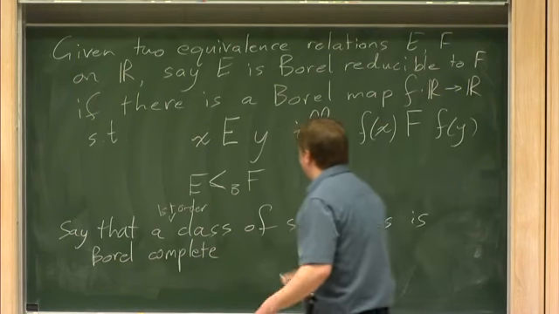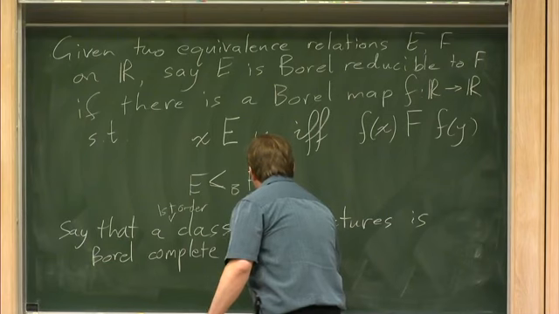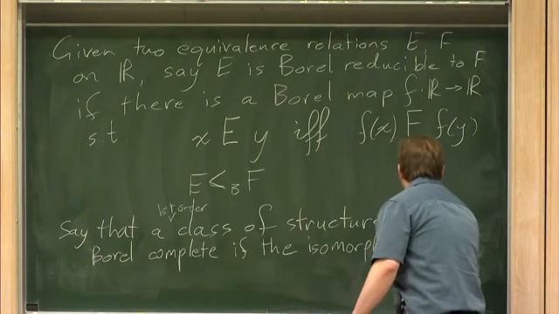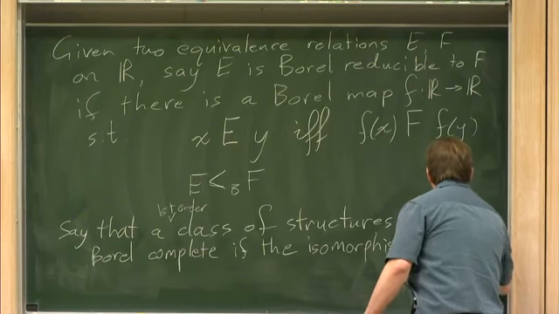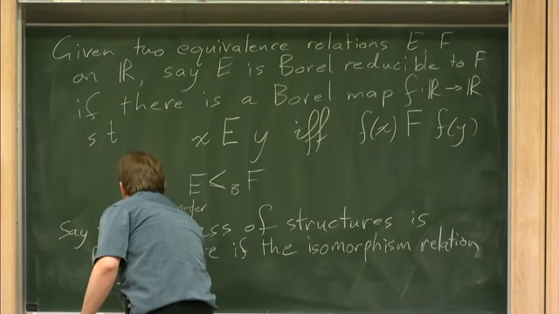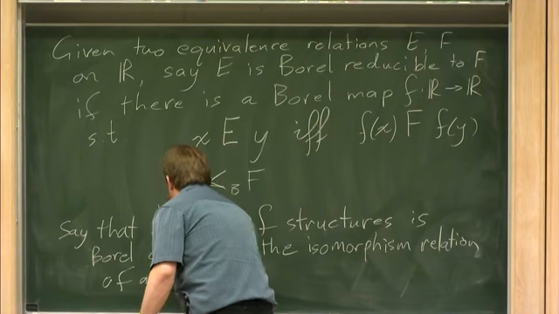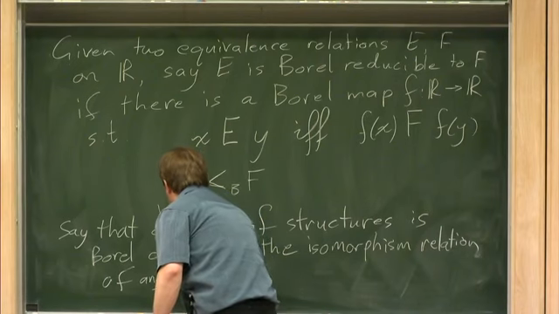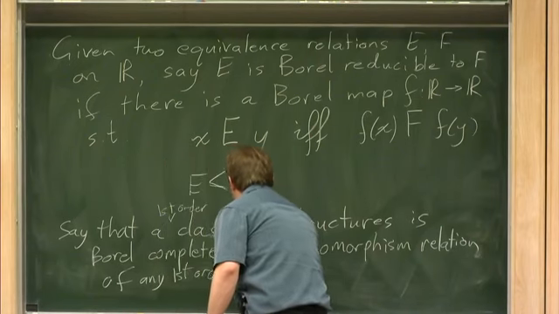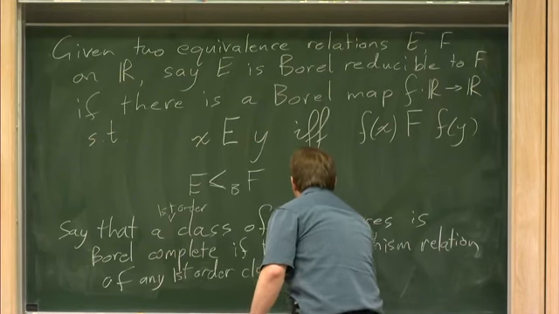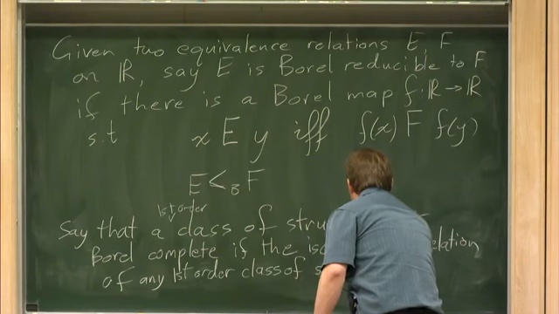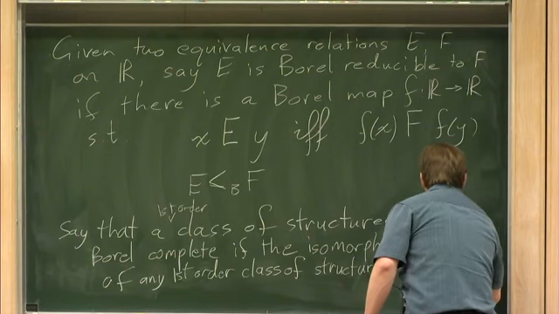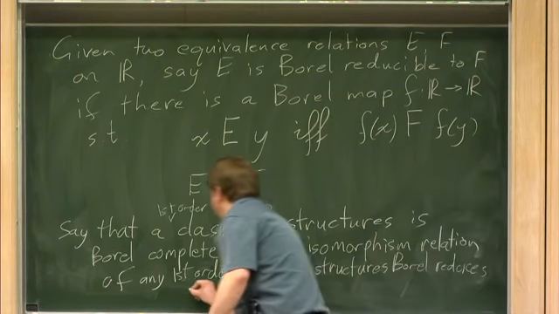So that class of structures is Borel complete if the isomorphism relation of any other first-order class of structures Borel reduces to its isomorphism relation.